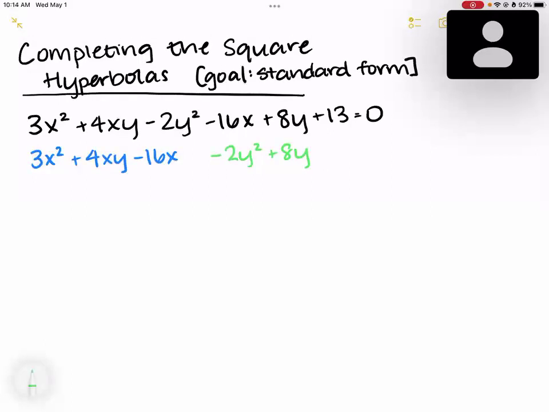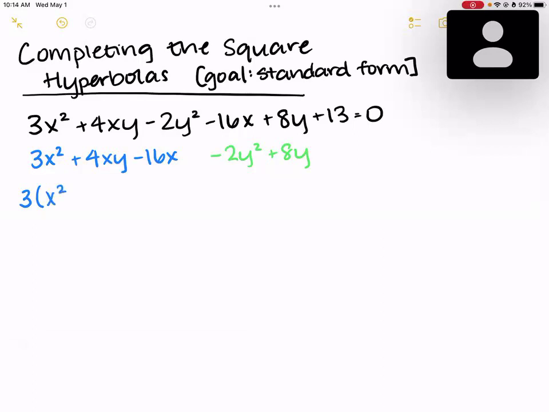First, we are going to complete the square for the x terms. We're only going to deal with the x terms. These are our x terms, 3x squared plus 4xy minus 16x. Let's first remove the 3, because we want x squared to have a coefficient of 1.